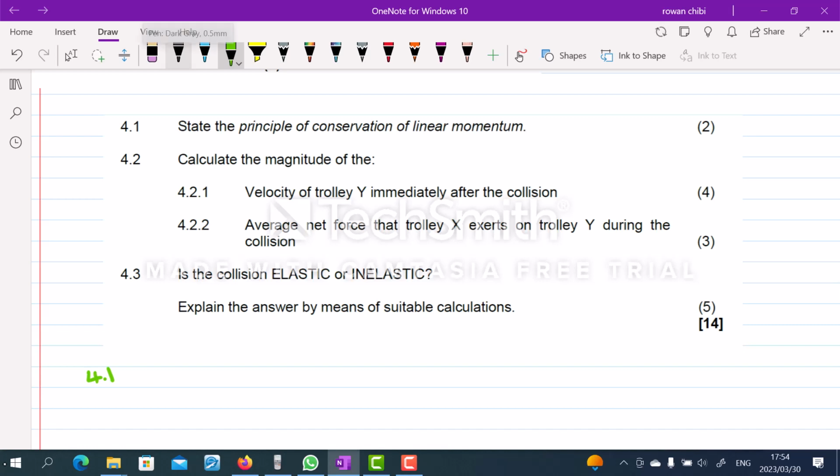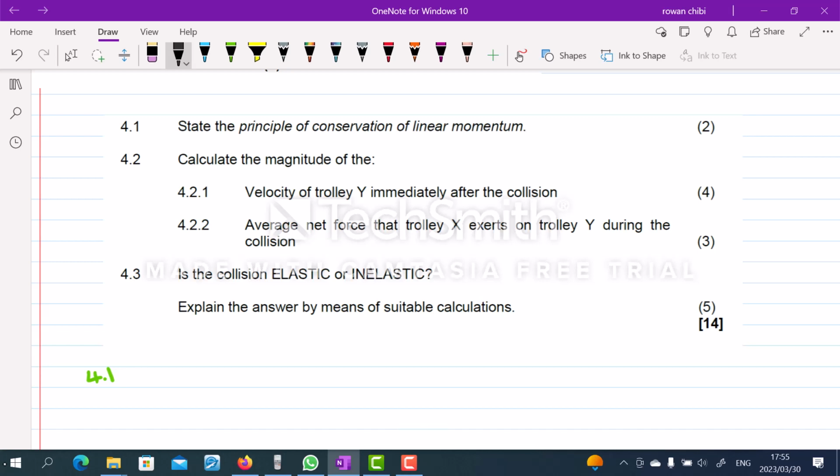Let's use another color. What's wrong with my black now? Black color is not working.